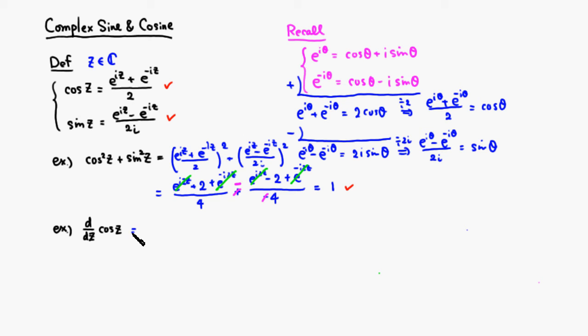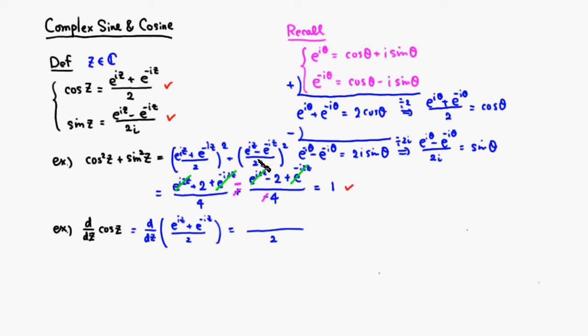We're going to take the derivative with respect to z of the cosine function, which is e to the iz plus e to the negative iz over 2. Over 2 is just a constant.